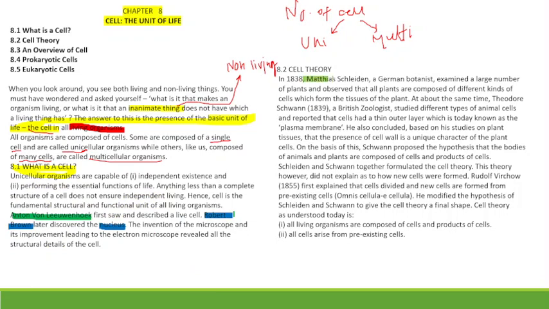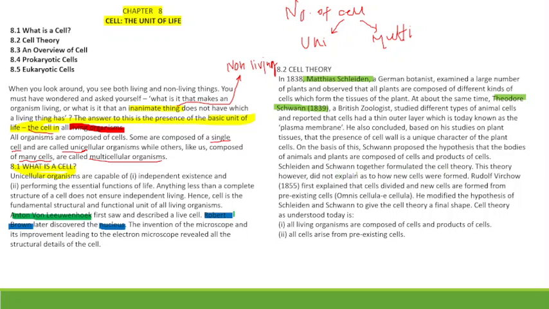So Matthias Schleiden and Theodor Schwann studied different types of cells. Theodor Schwann studied animal cells, and Matthias Schleiden, who was a German botanist, examined a large number of plants and observed that all plants are composed of different kinds of cells, which form tissues in the plant.